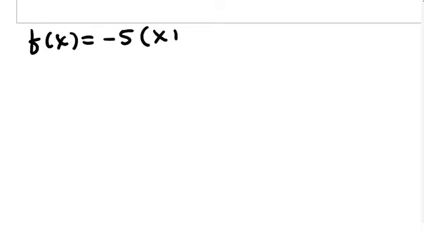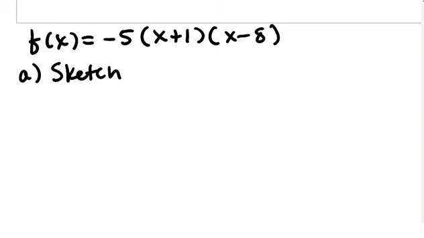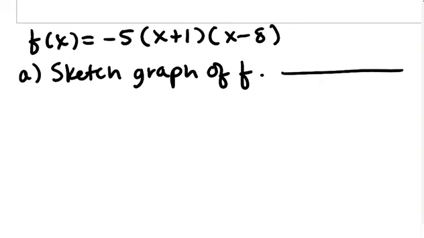Okay, the last one I've got for you is, let f of x equal -5 times (x plus 1) times (x minus 8). They might ask you to sketch the graph of f. Well, I can do that.